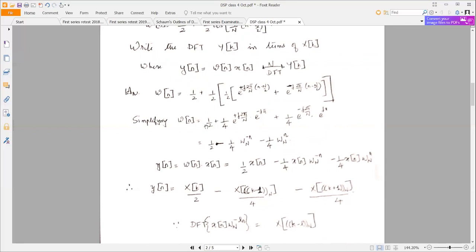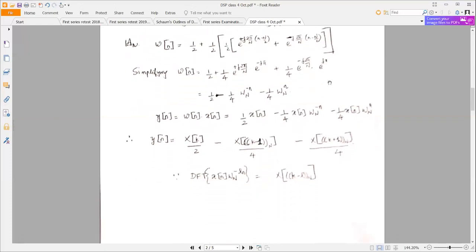So which is equal to 1 by 2 plus 1 by 4 e raised to j 2 pi by N. If you simplify this, the second term would be e raised to minus j pi, plus 1 by 4 e raised to minus j 2 pi by N, and this term would be e raised to plus j pi. So e raised to j pi and e raised to minus j pi are equal to minus 1. So this reduces to 1 by 2 minus 1 by 4 W_N raised to minus n.